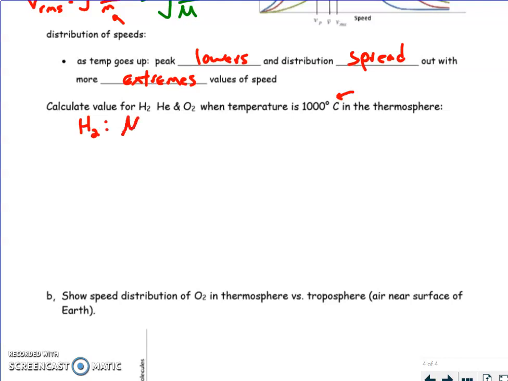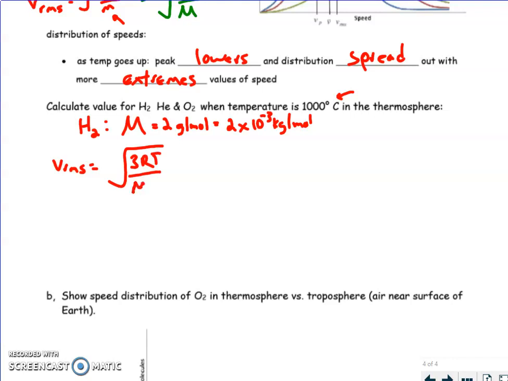So the molecular mass of H2, the diatomic hydrogen, is 2 grams per mole. And I want that in kilograms for the equation, so that's 2 times 10 to the negative 3 kilograms per mole. All right, so if I apply the equation, my VRMS is going to be radical 3RT over molecular mass.